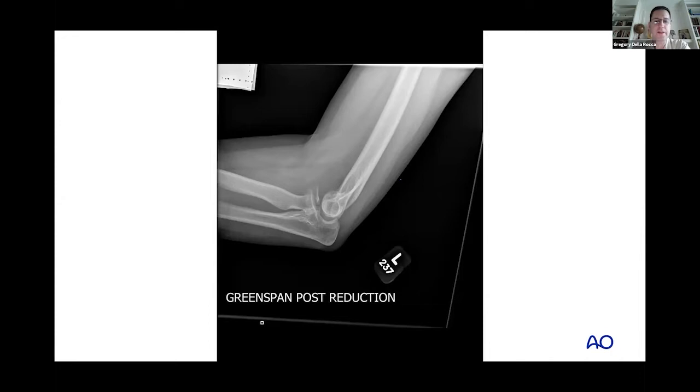And so if you leave them without an attempt at reduction, you don't know when you're necessarily going to get them to the operating room. It could be 5, 6, 7 days, 14 days. And let me tell you, if you have a fracture dislocation of the elbow that's been out for 14 days, that's an atrocious slog to get that back to where it needs to be. It takes a relatively straightforward surgery and turns it into one that's totally not straightforward.